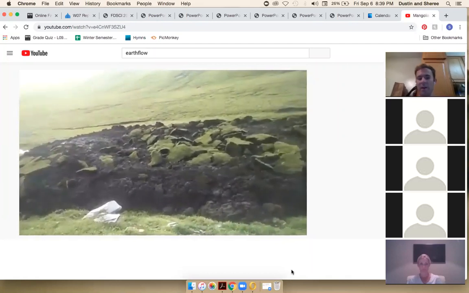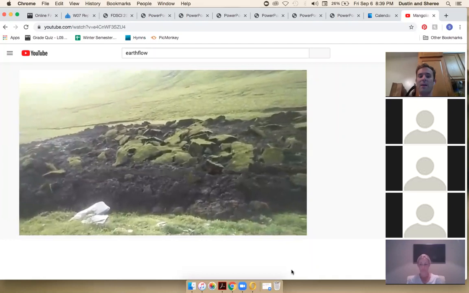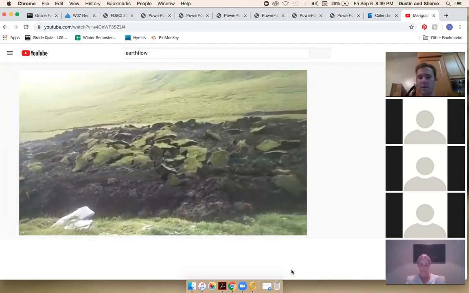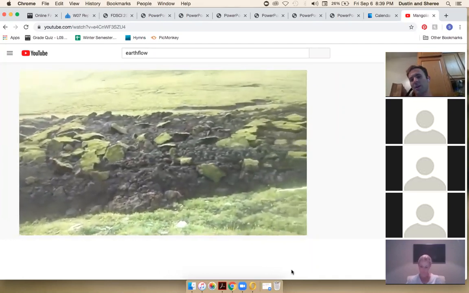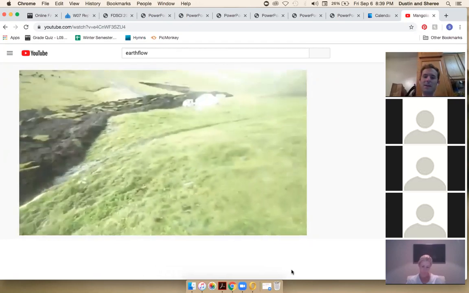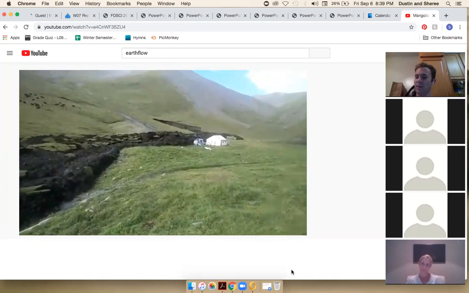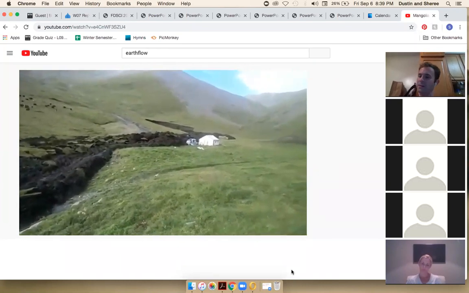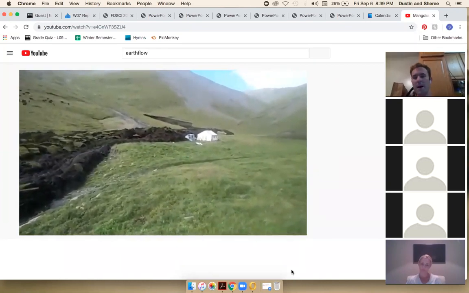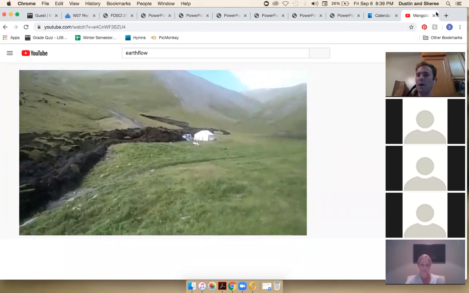However, they can move faster. And you can see it's still moving fairly quickly. Now he's going to pan to the right in a minute, and you'll see that this is actually quite a bit longer. You can see it's going all the way up the hill, and it's just this big chunk of earth that is literally flowing down the side of the slope. Okay, that's kind of how you can distinguish an earth flow.